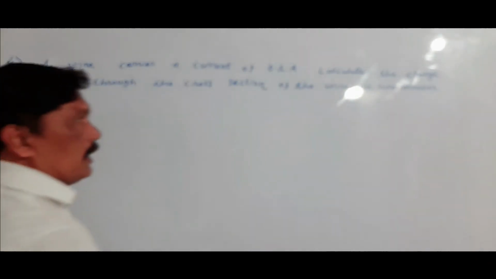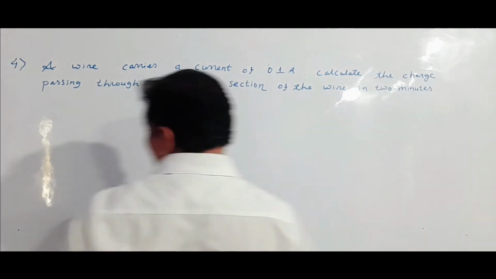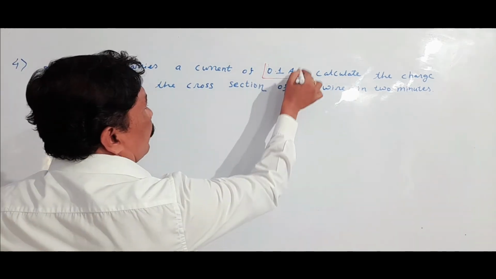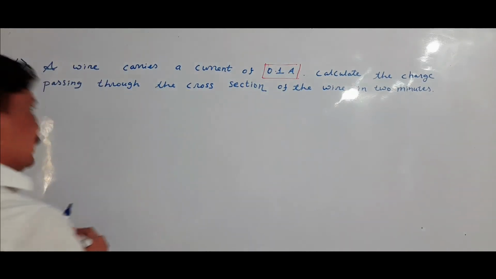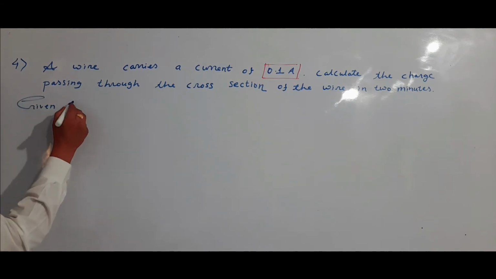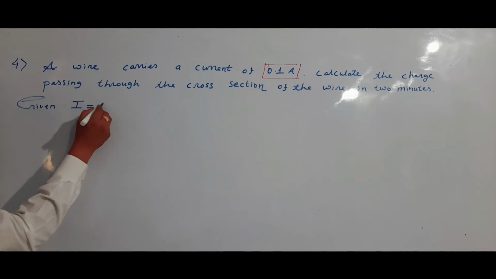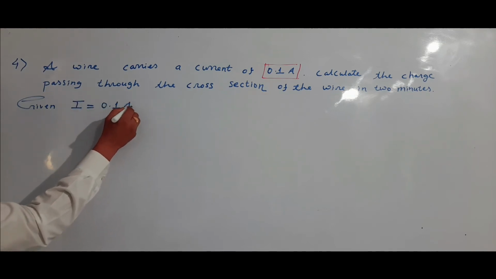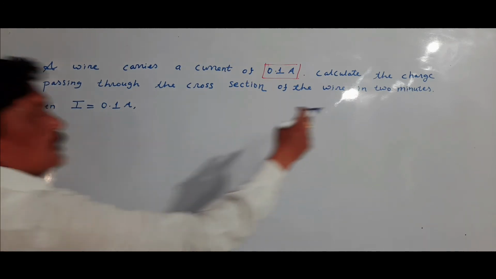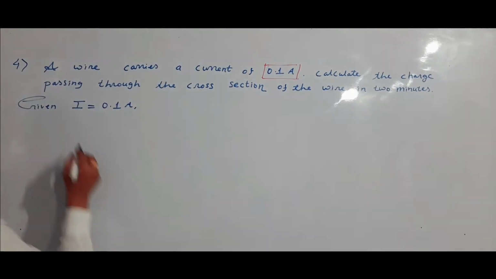My dear student, here we have two values given. One is 0.1 ampere, so it is current. I is equal to 0.1 ampere. Second is 2 minutes, so time is given.